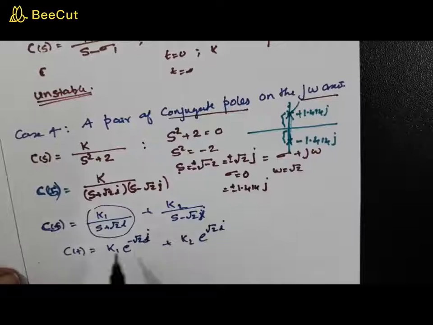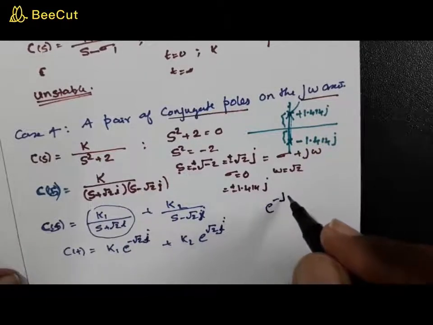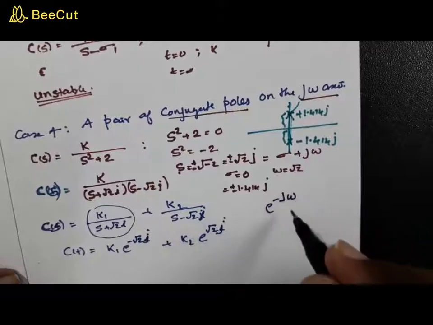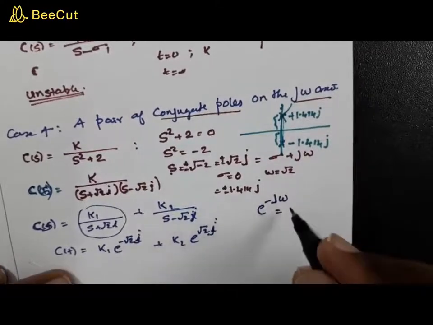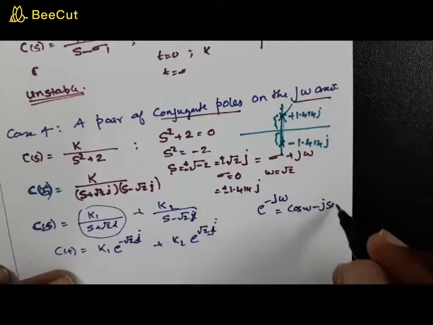Okay, now, or root 2 j. What is actually e raised to minus j omega? From Euler's identity, you know that this is cos omega plus or minus j sine omega.